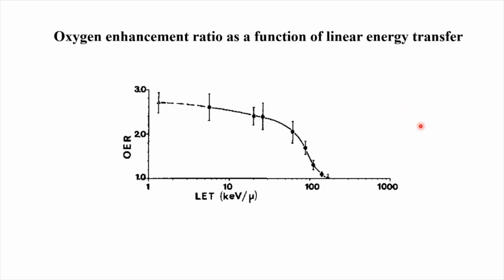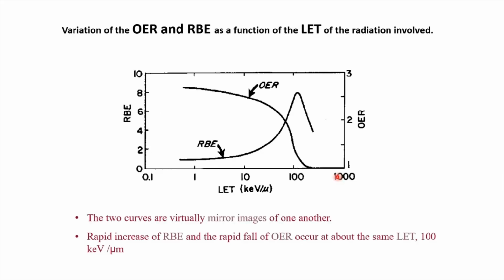Now next is about how OER and LET are related. At low LET, OER is higher, but as LET keeps on increasing, the OER drops drastically, and at 100 keV per micrometer of LET, the OER drops and attains a value of 1. And that's how the OER and RBE are distributed as a function of LET.